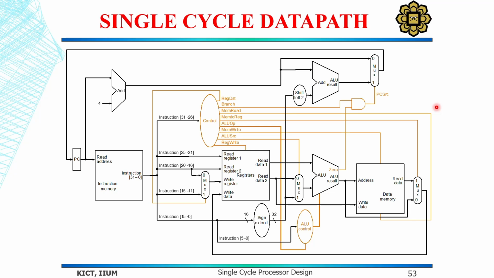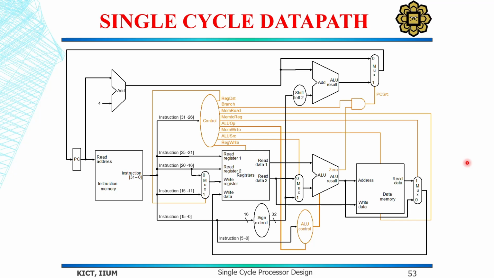So the single cycle data path has one major problem which we discussed multiple times earlier, that all instructions take the same amount of time, the time of the slowest instruction. Okay, so the slowest instruction's time is the time which is to be used for all the instructions.